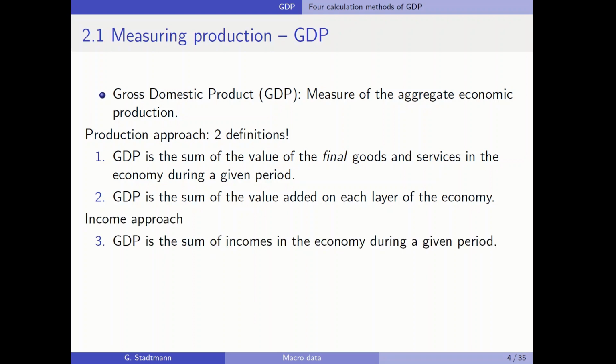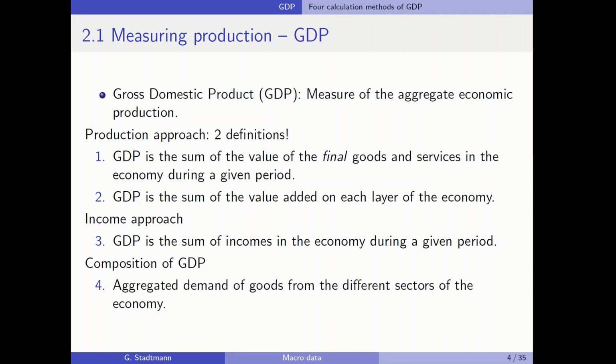Third definition, the income approach. GDP is the sum of incomes which are generated in one economy during a given period. And the fourth definition, composition of GDP, it's the aggregate demand of goods from the different sectors of the economy.